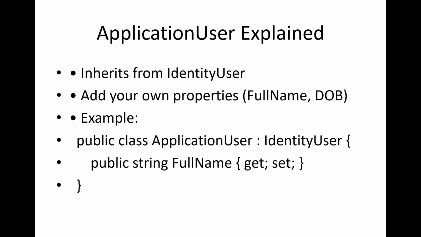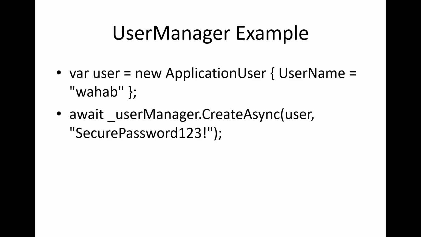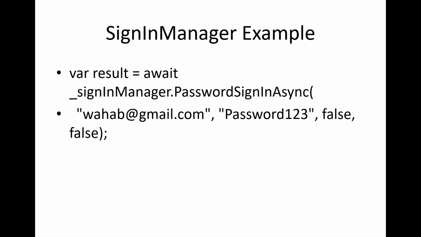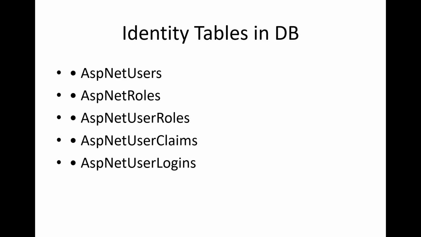You can see in the lower part of this slide that ApplicationUser is adding a FullName, which is not part of IdentityUser. We'll get more hands-on when we look into the code. On similar lines, you can see a new user has been created, and we're using the UserManager's CreateAsync method to create the user, and the same goes with the SignInManager, where you can use PasswordSignInAsync for this.